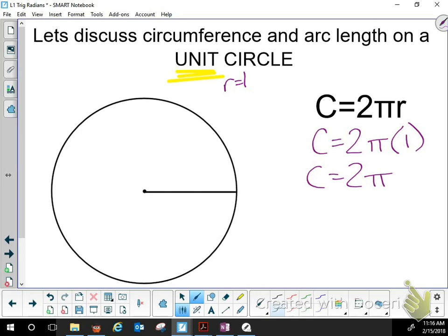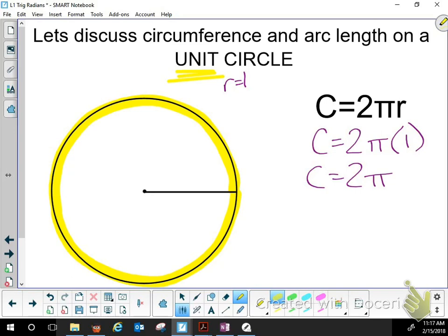In trig, it is fine to leave pi in your answers. There will be times when you want to use decimals, but now I want to use pi. So my circumference is 2 pi. Remember that means from my starting point all the way around and back, the length that I've gone is 2 pi.